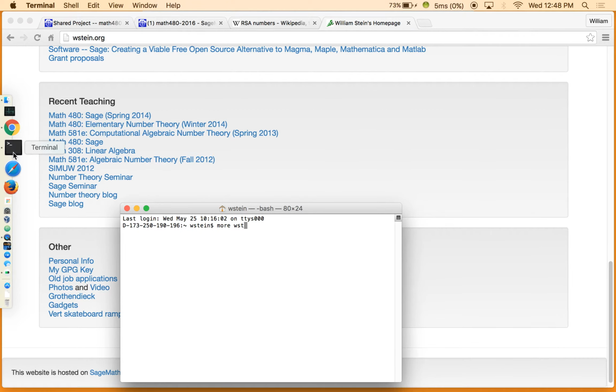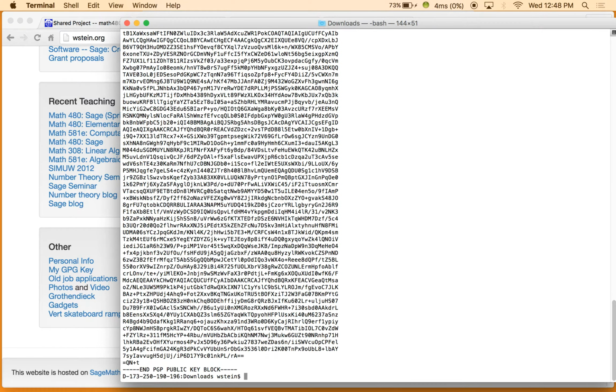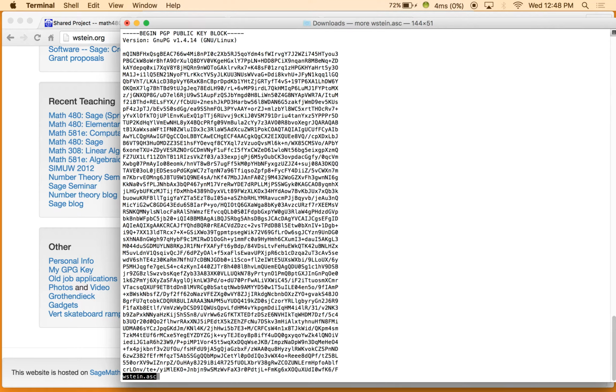So on my website, I have a file called wstein.asc. I generated this thing long, long ago, probably in the 90s. I'm not sure I even know the private key, but I have this public key. It looks like that. It's really some information involving a product of two large prime numbers and so on.